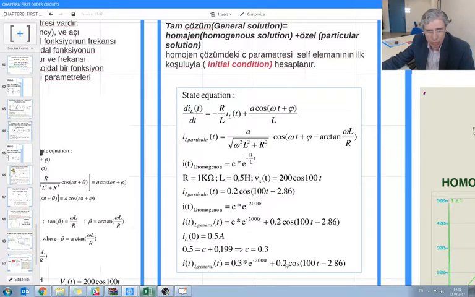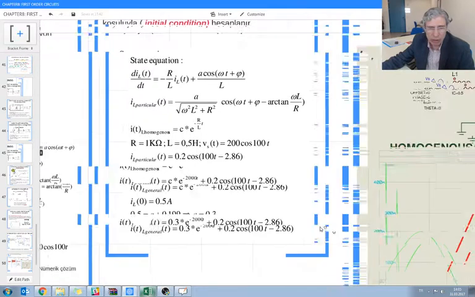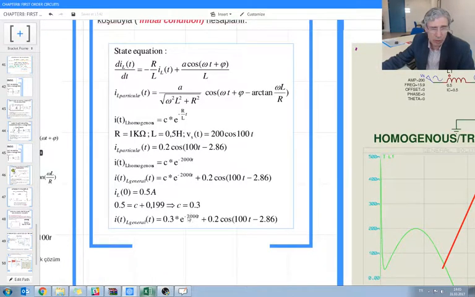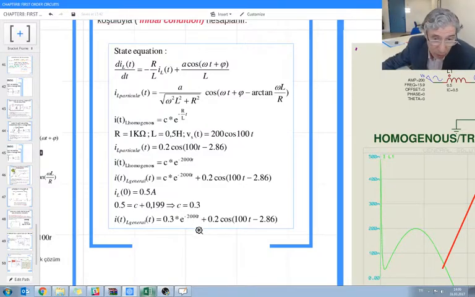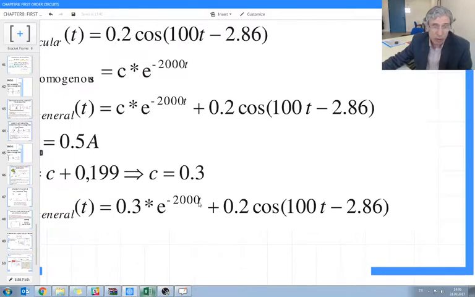If you look at this solution now, what is it? This term, since it is an exponentially decreasing function, is going to disappear after a few seconds, let's say, because there is a t here. So this term is going to disappear, that's why it is called the transient solution.